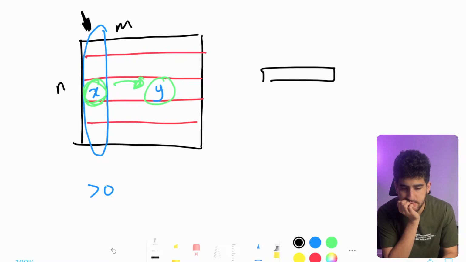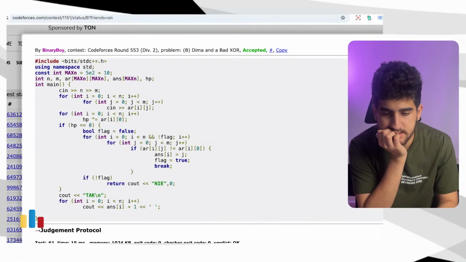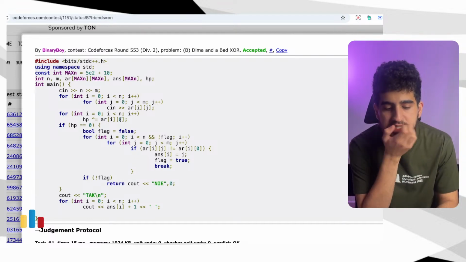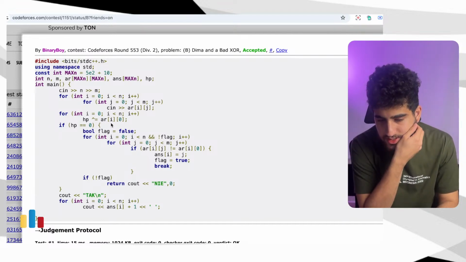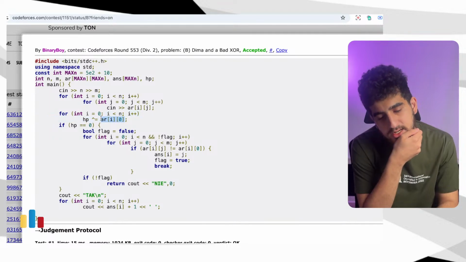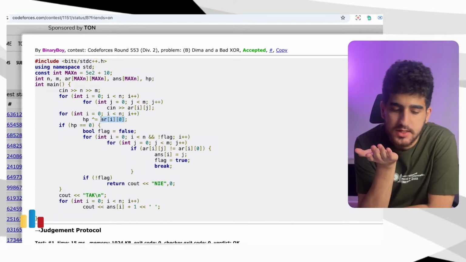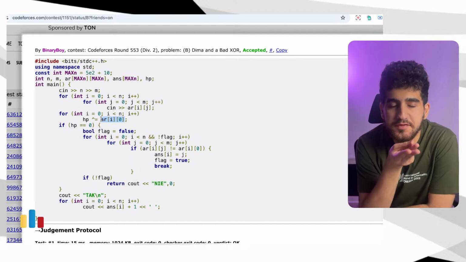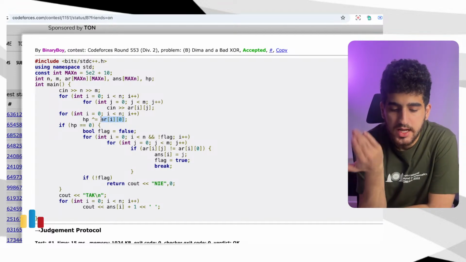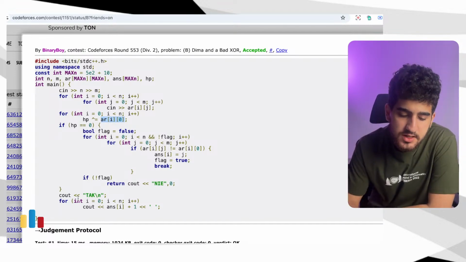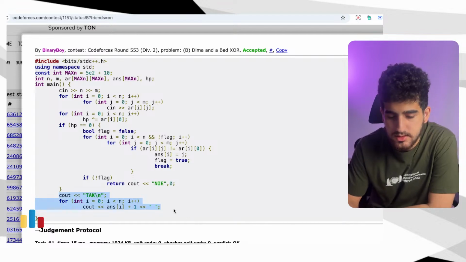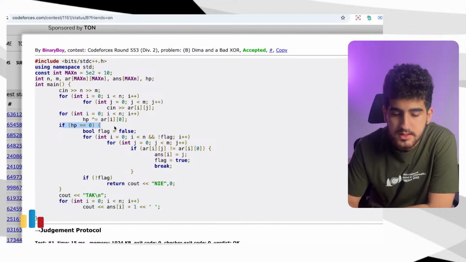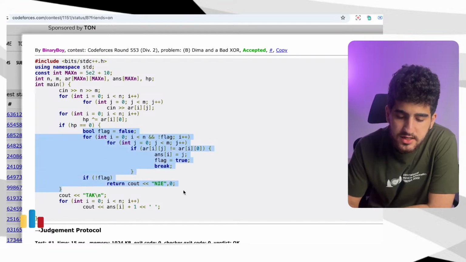As you can look at the solution here, this code says that initially you calculate the XOR of the first number in each row, and then if it was not 0, that's good. If it's not 0, we have everything. But if it was 0, we do this additional thing as well.